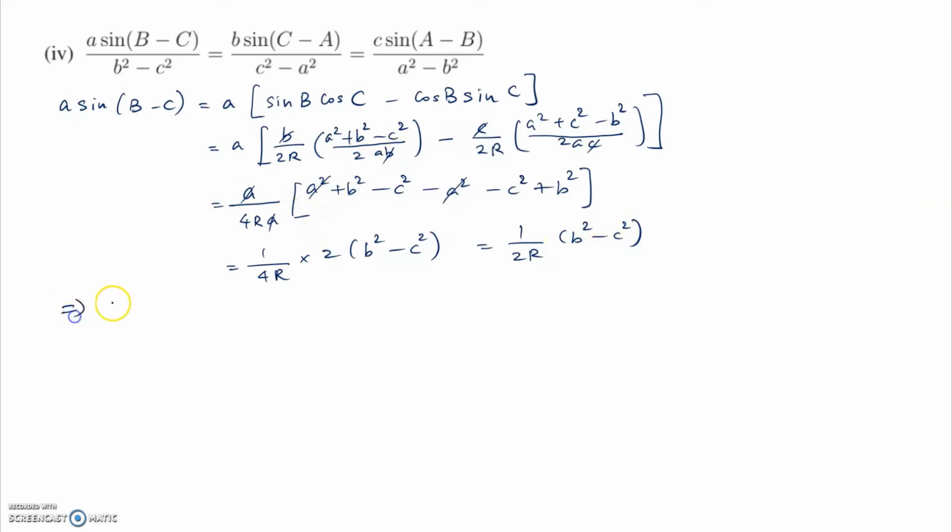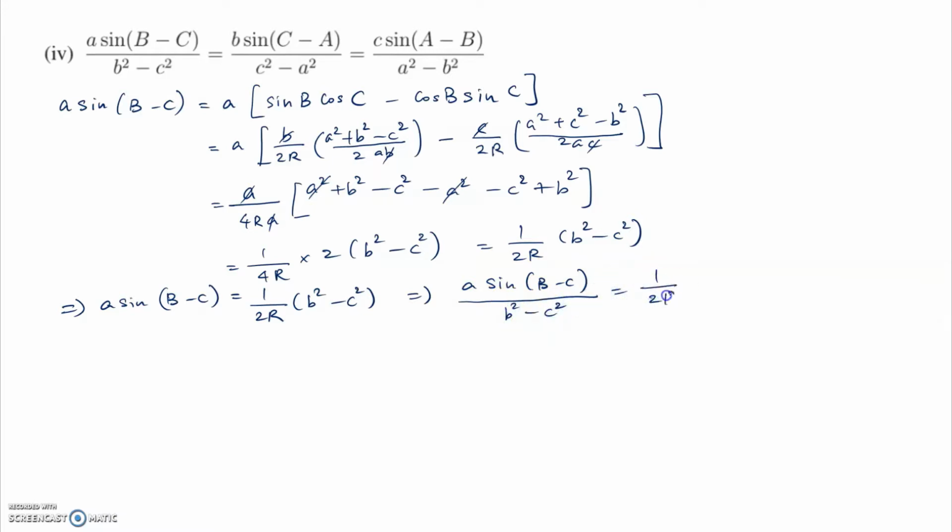This implies that a sine b minus c is equal to 1 by 2r into b squared minus c squared, which implies a sine b minus c divided by b squared minus c squared is equal to 1 by 2r.